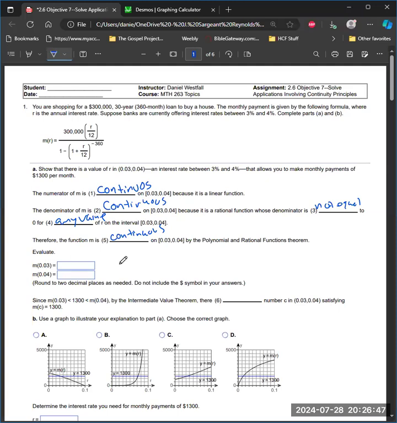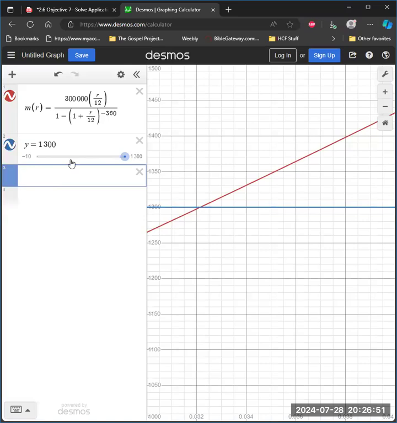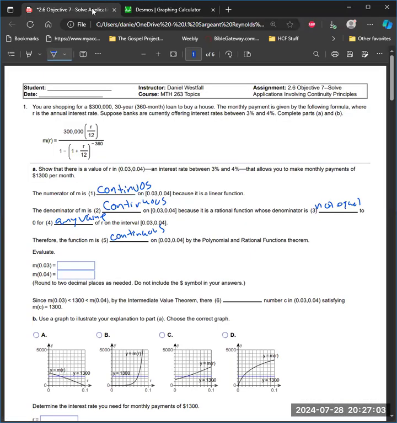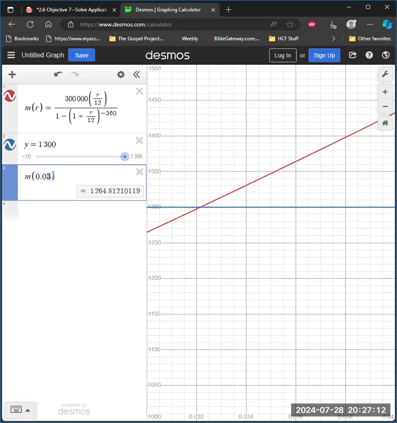So now we need to evaluate at 3%. So M of 3% is 1,264.81. And 4% is 1,432.25.